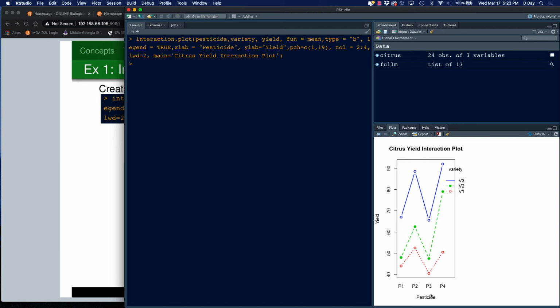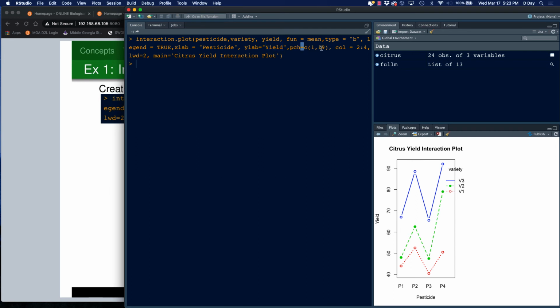In the case of this one, that's variety. It's factor B, and factor A is down here across the bottom, pesticides. And then you can label your X label accordingly as pesticide, name it factor A. It doesn't automatically do that. Y label, your yield value here. In other words, Y label is going to be your measurement variable name.